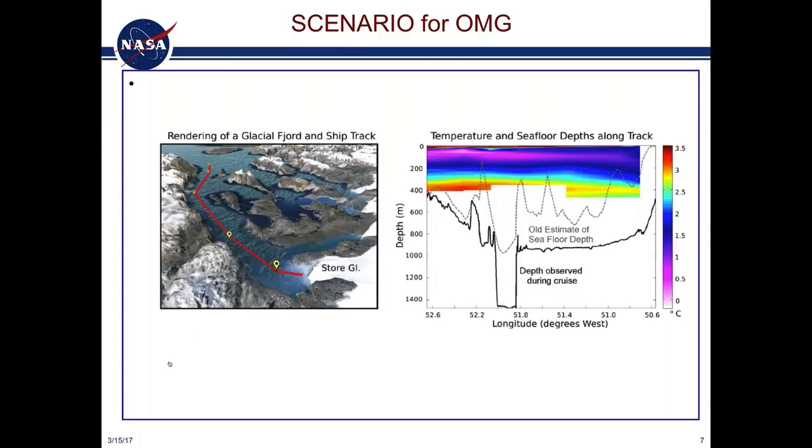Another application we're exploring is for the OMG mission, which is Ocean Melting Greenland. They use ships to go between fjords in Greenland, and they collect data at different locations. And then they map the bottom of the ocean with the bathymetry data, and there is also data of the Greenland itself.